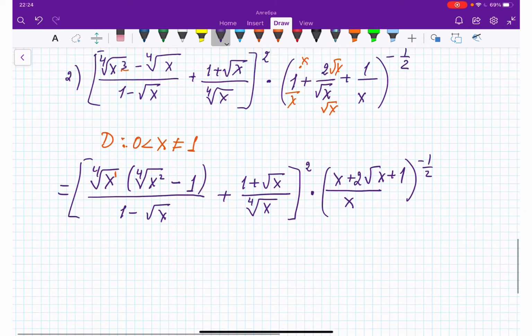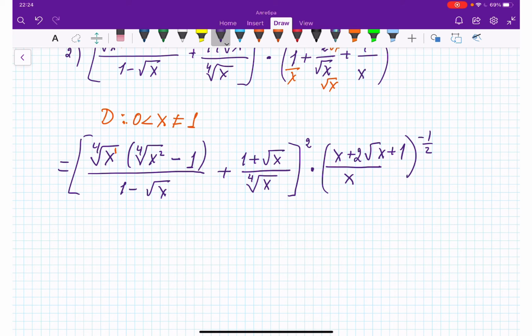Okay, this is going to be equal to radical degree 4 of x. Here we have this one. Look here, radical degree 4 of x squared.